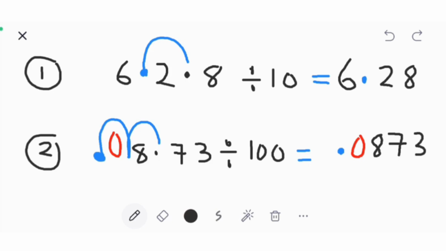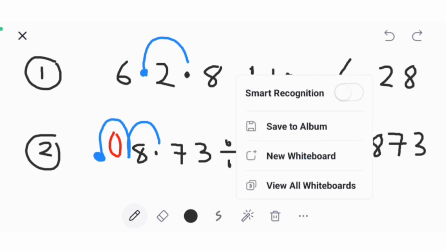Now to make this answer look presentable on your own, you can write another 0 here. Okay? So let's look at the next question.